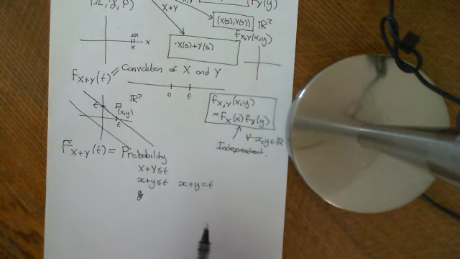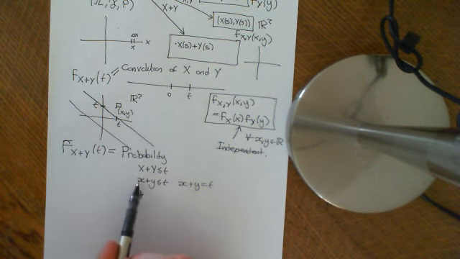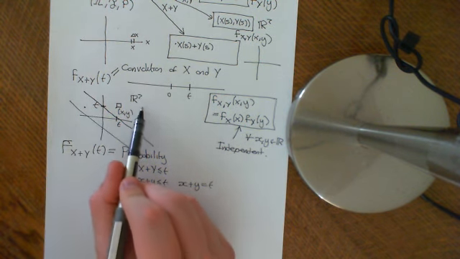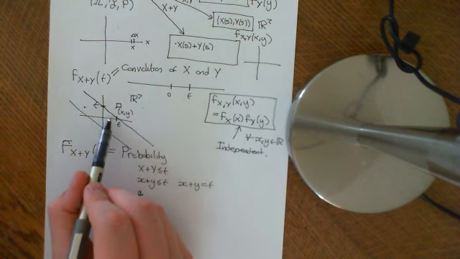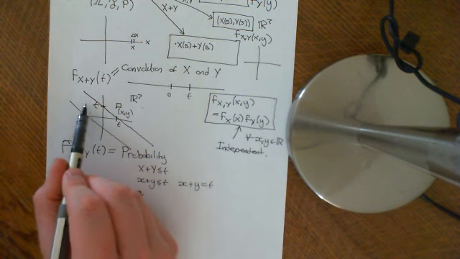Okay, right, so now what we need to do is work out what this region corresponds to. Does the region x plus y less than or equal to t correspond to the region to the left of this line, or the region to the right of this line? Well, if you go to the left of this line, then you either lower the x component or you lower the y component.